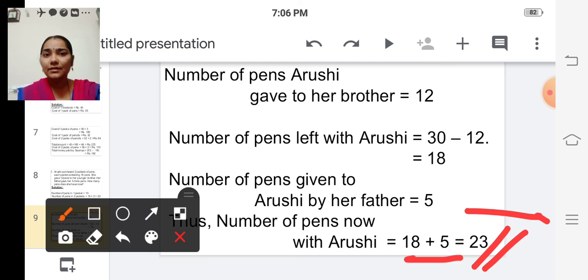Be thorough with the multiplication tables. Hereafter, based on these tables, more sums will come. So if you are thorough with the multiplication tables, then it will be very easy for you. So be thorough with the multiplication tables and practice all the problems.